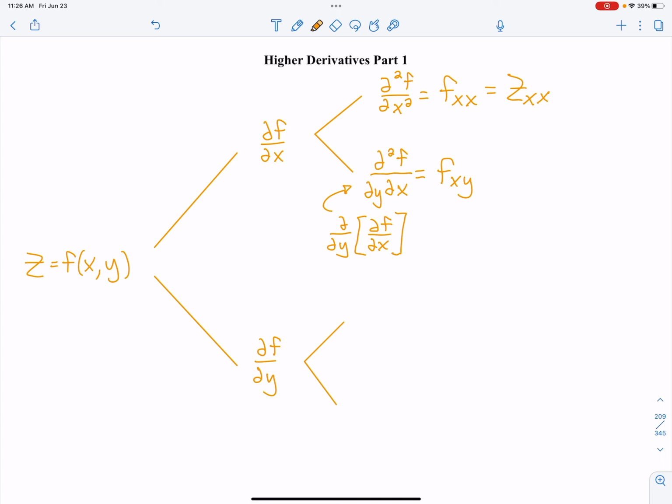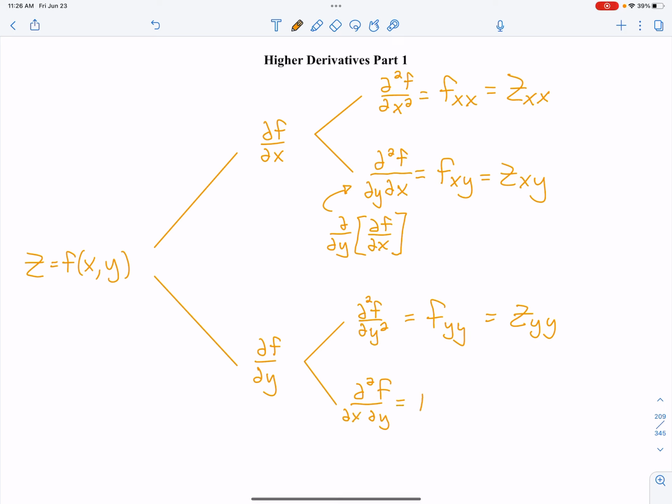Okay, so we have that. This is also equal to zxy, so x is first in that case. And then down here, taking the y first, we took y twice, which is the same thing as fyy, and zyy. Then I could also have done y first and then x.